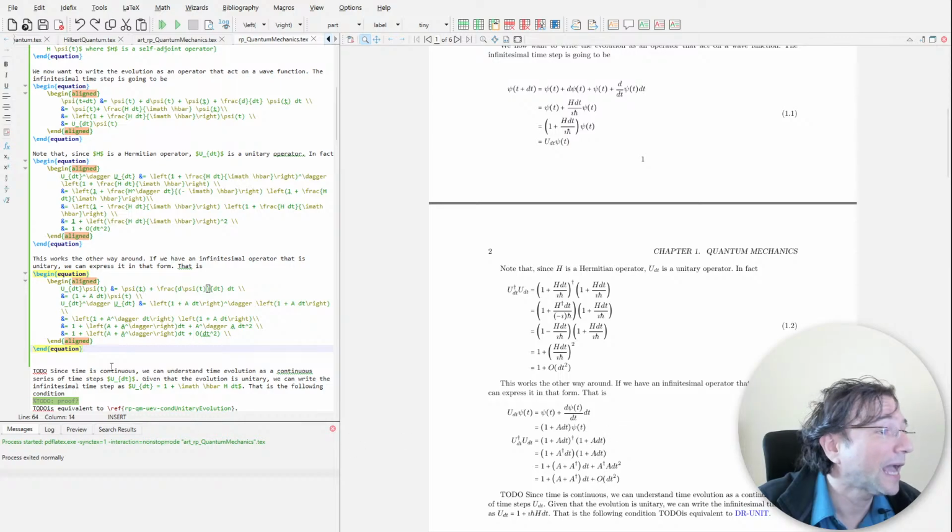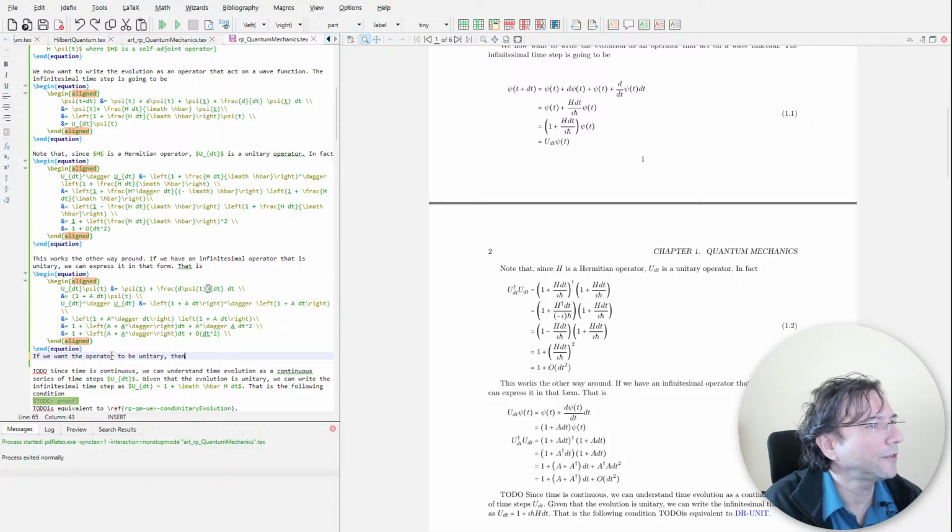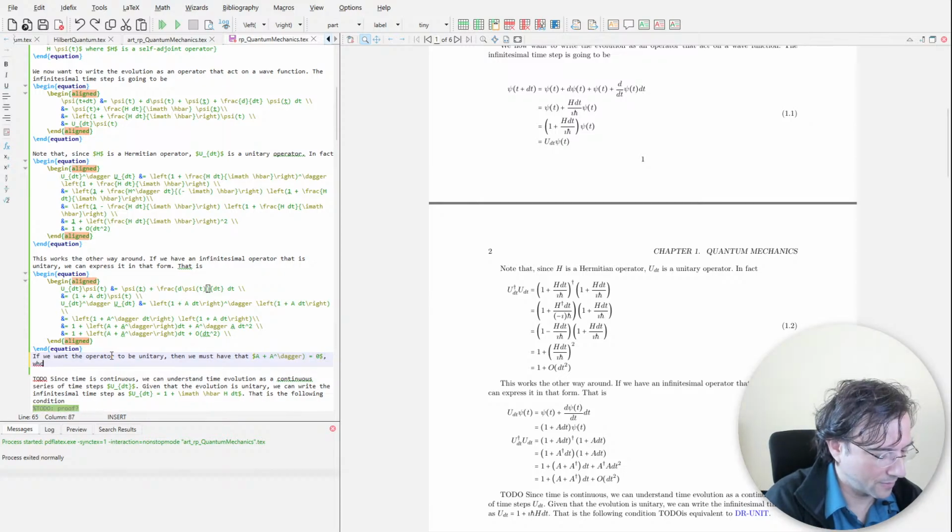Okay, and now we say, okay, if we want the operator to be unitary, then we must have that A plus A dagger is equal to 0, which means A is self-adjoint.